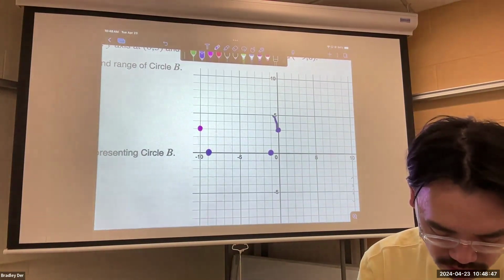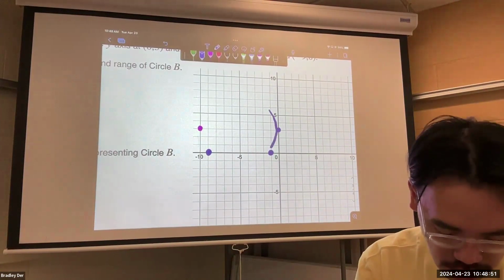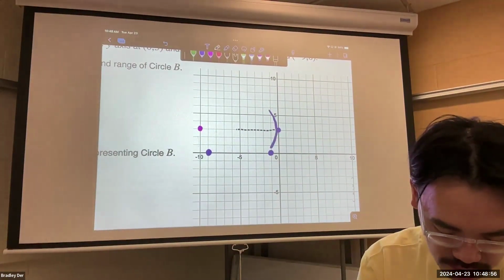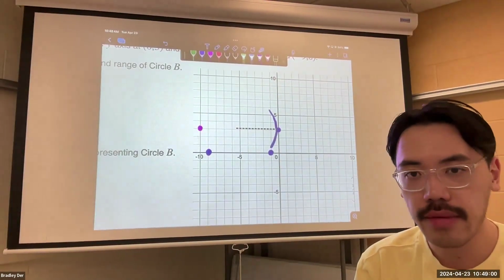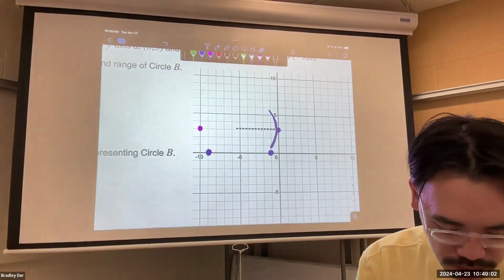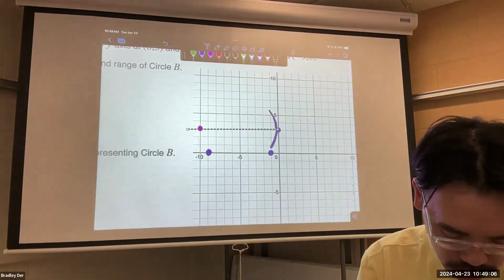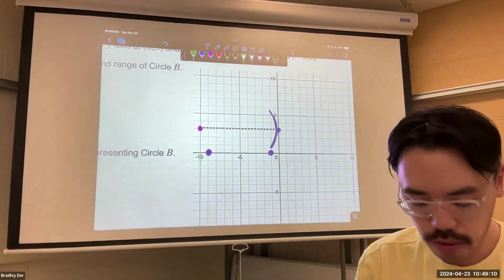Because if this is a point of tangency, then the segment that is perpendicular to that tangent line, in this case the y-axis, should be a radius of the circle, which means if I extend that horizontal line, that should be a diameter of the circle.